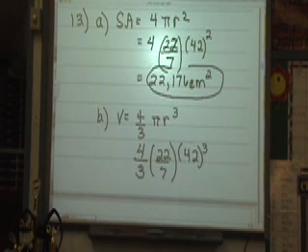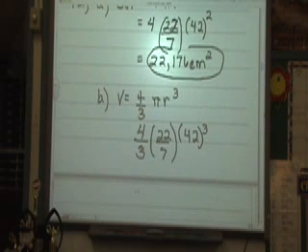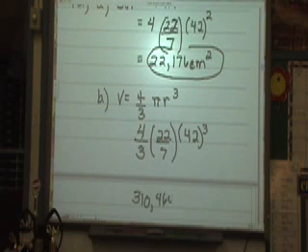So take 4 times 22 times 42 to the third power and divide it by 21. Anyone have it? Carolyn? 310,464. 310,464 cubic centimeters is correct. Very good.